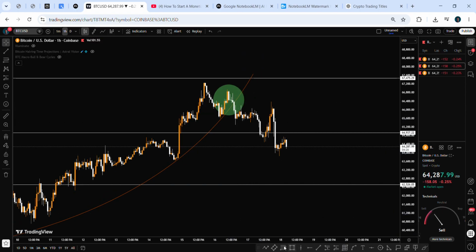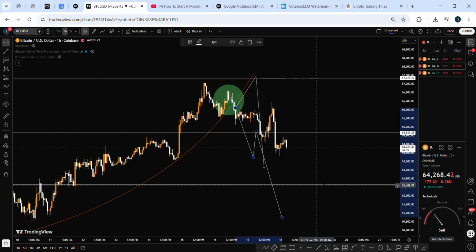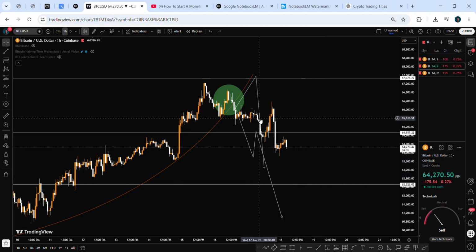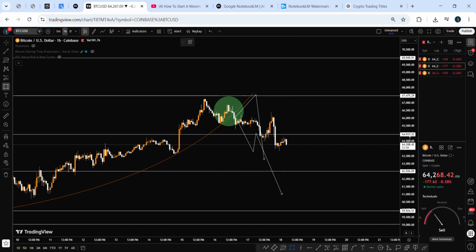So what I was anticipating after this break is either price comes up here and sells, or price breaks this low and retests and sells. So each of the two is what I was anticipating, but fortunately for me, I have a break lower. So at first I was expecting an entry here.